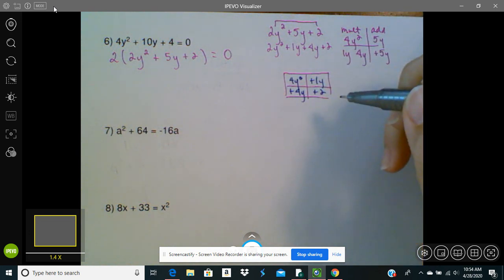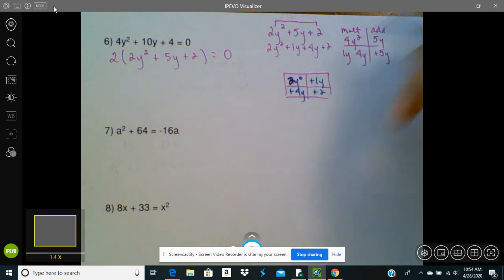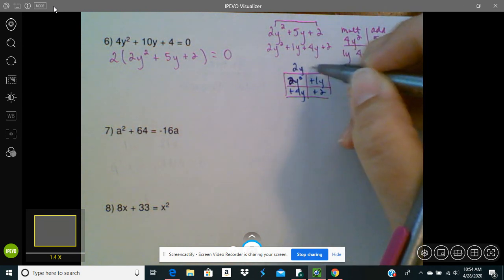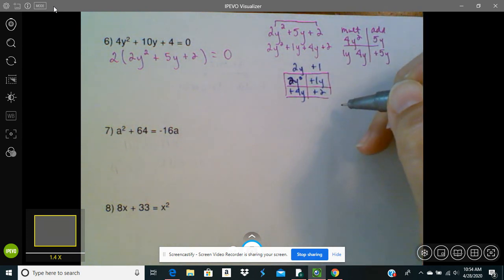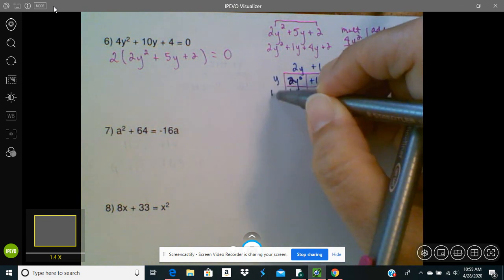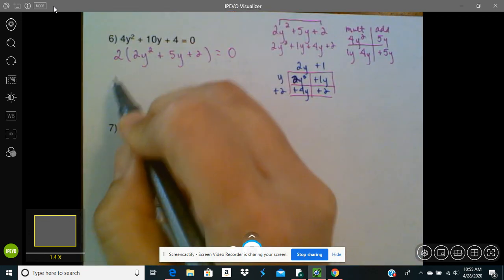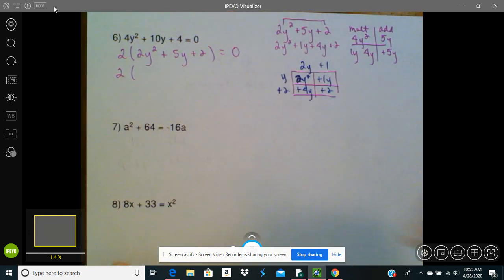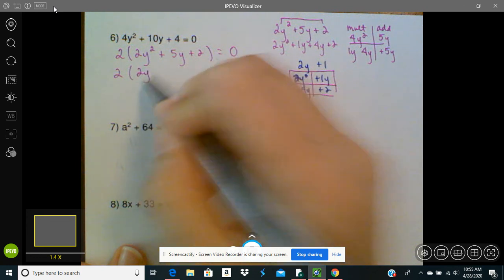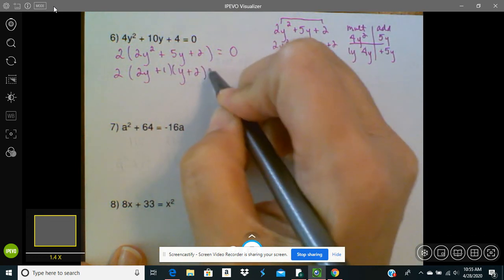Okay, common factor here is 4y. Wait a minute, what are you doing? Oh my gosh, that's a 2. Okay, common factor here is 2y. Common factor here is 1. Let's look in the rows. Common factor is y. Common factor is 2. Okay, so this factors to 2 times 2y plus 1 times y plus 2.